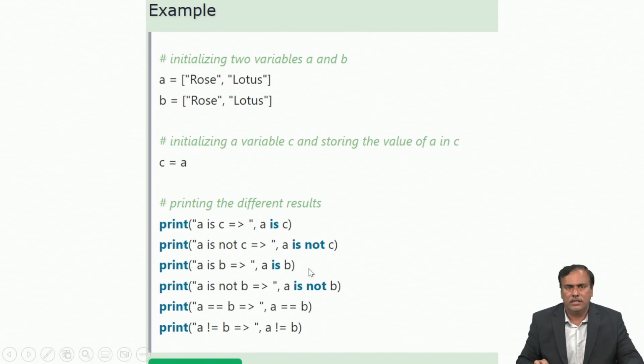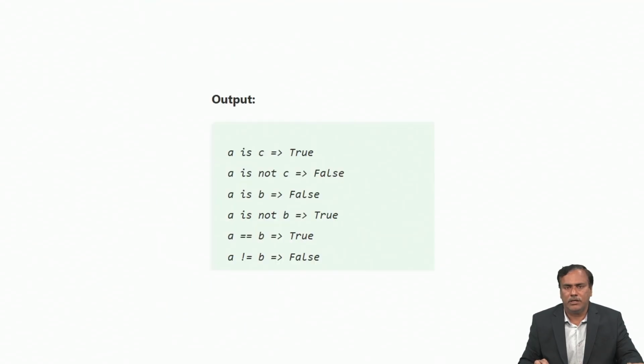And A and B, you know, are both lists, they have different names but the values are the same. So A is B gives false. In the sense, though they have the same values, they are not sharing the memory, so their objects are different.